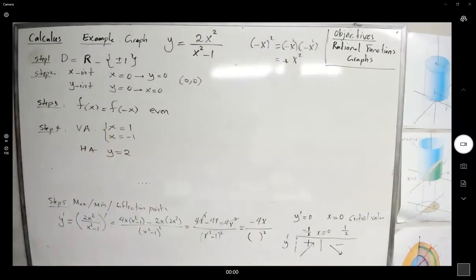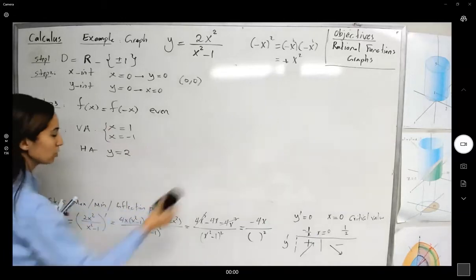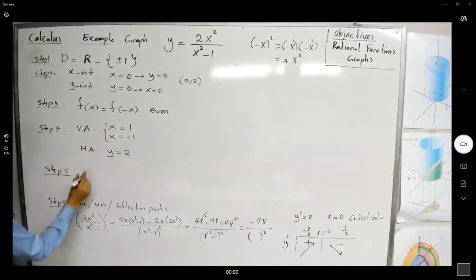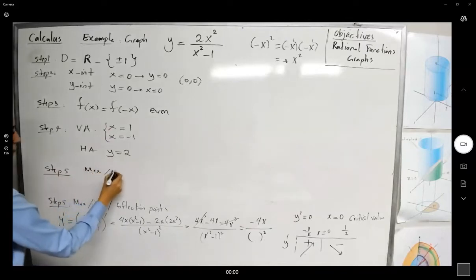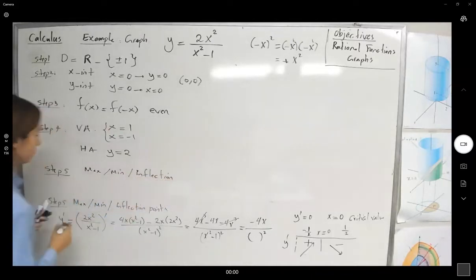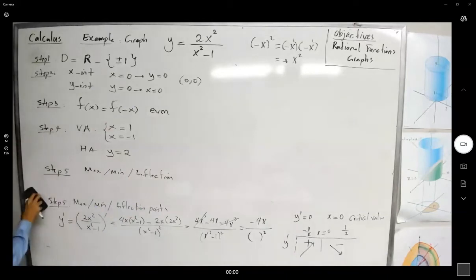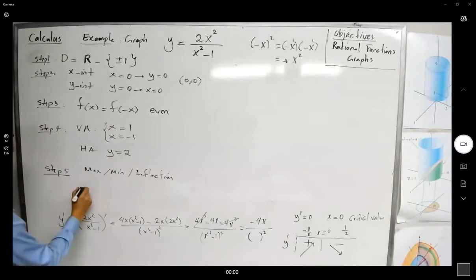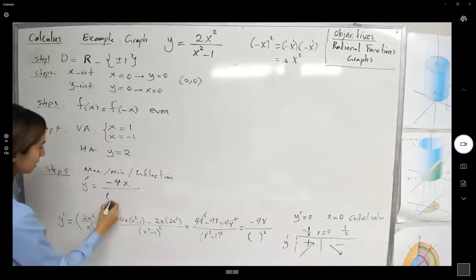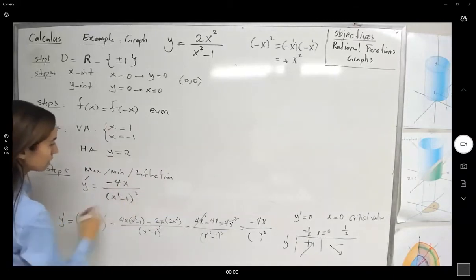Then for maximum and minimum of the function, let me copy this down here. Step 5, the derivative: max, min, inflection. Well, the derivative of the function, y prime, is equal to -4x divided by x squared minus 1 to the second power.